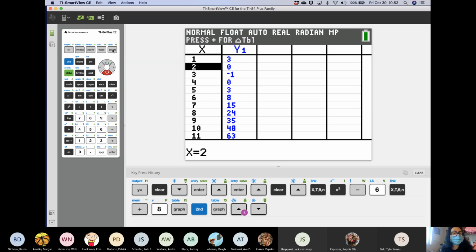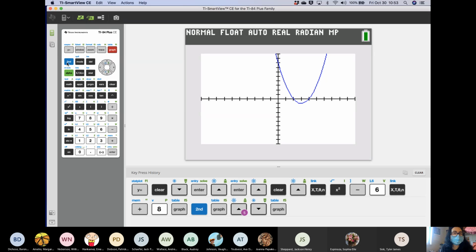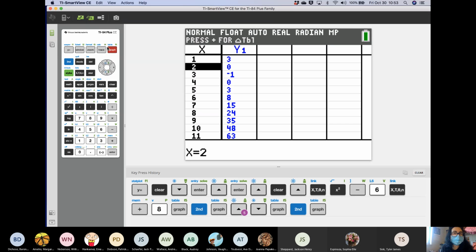Second graph. So if you just hit graph, it graphs it. But if you go to second graph, it gives you the table. And to verify, you could go to the table and look for when your output is 0. So in your notes, you can go ahead and populate that table for 1, 2, 3, 4, and 5.